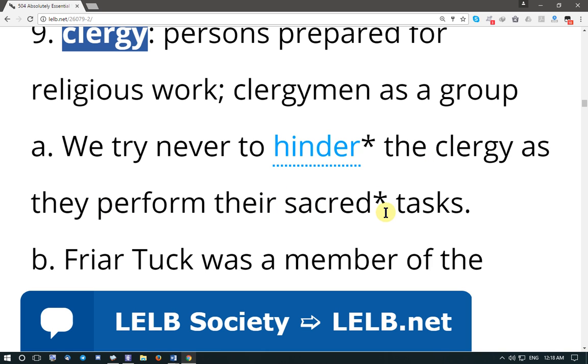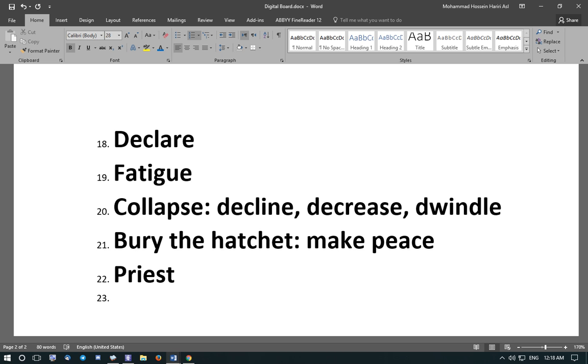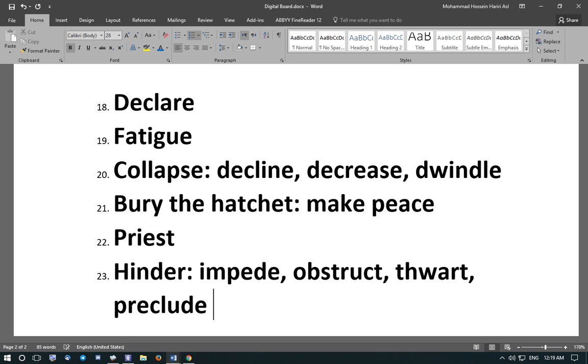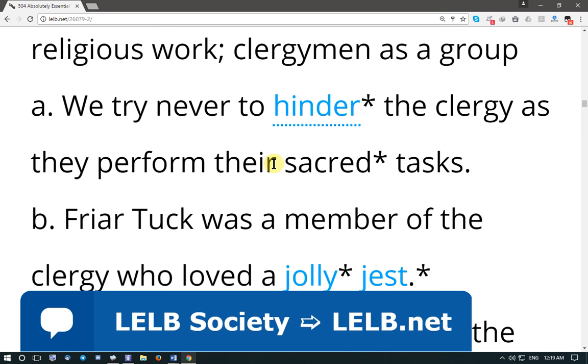We do not try to hinder or impede, obstruct, thwart, prevent, preclude. So hinder the clergy as they perform their sacred, meaning holy, tasks.